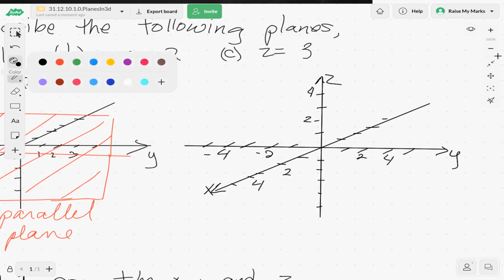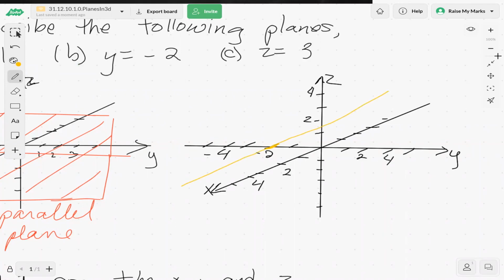Okay, so again, let's pick another color. So y equals -2 is right here. So the line. But because we're in 3 dimensions, it also goes upwards and downwards. It's actually a plane.